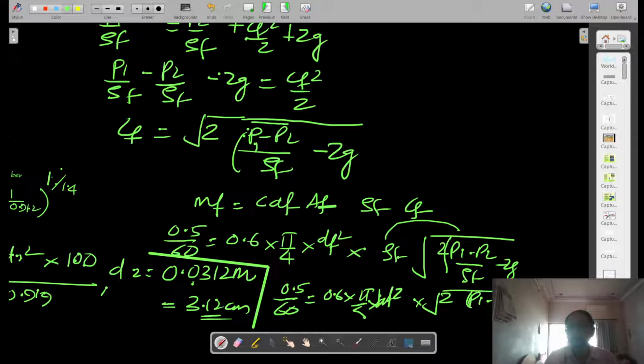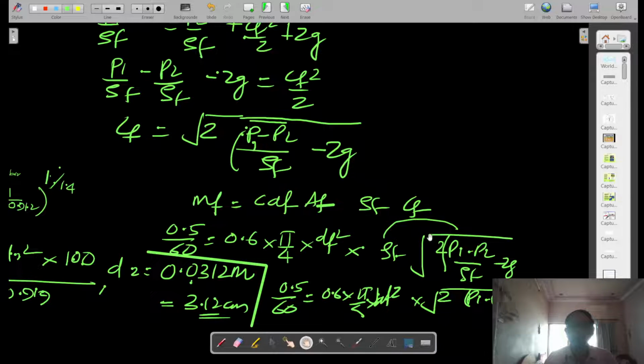Now I want to find out P1 minus P2. We have already found out the value of P2. So P1 minus P2 is already found as 1 minus 0.912.